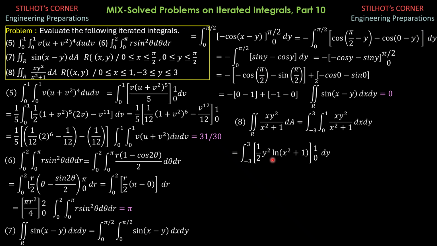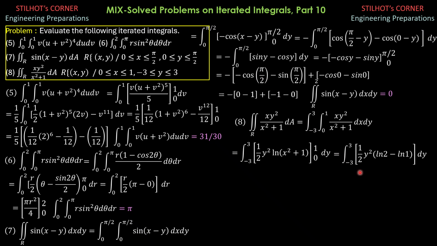So substitute, that would be 1 half y squared, then ln of 2 minus ln of 1. So the integral from negative 3 to 3 of 1 half y squared, quantity ln of 2 minus ln of 1 dy. So ln of 1 is 0, then this is ln of 2 divided by 2, that's constant.